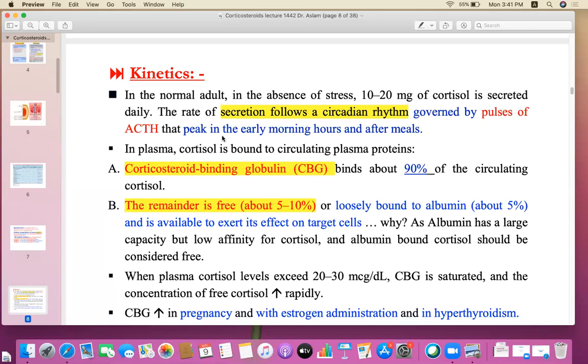Regarding these glucocorticoids, about 90% of the circulating cortisol is bound, and the remainder, only 5 to 10%, is free. And only this 5 to 10% is responsible for the pharmacological actions.